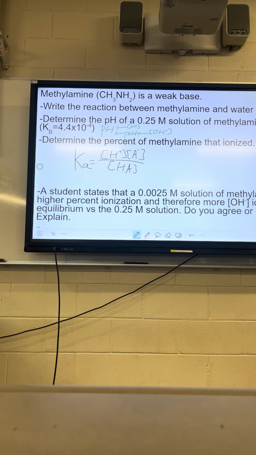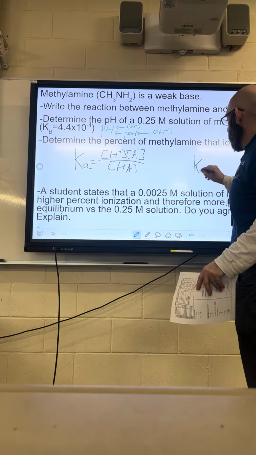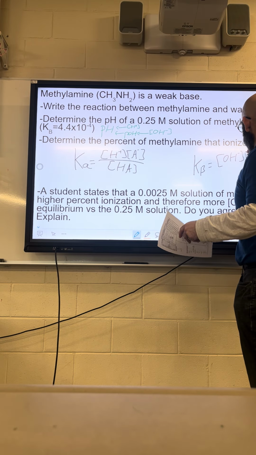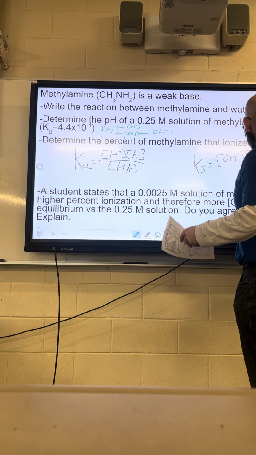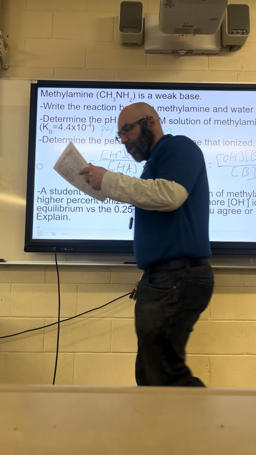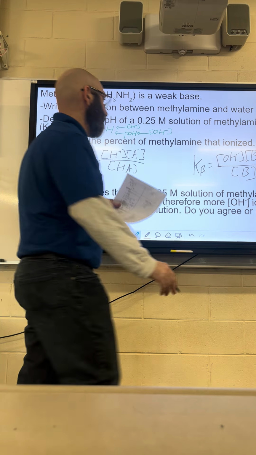Let me see if they give you the base one. They do. Even better. Same thing is true for a base. So for Kb, the basic formula is OH minus times B plus over B. Is that how they write it? No, they write HB on here.